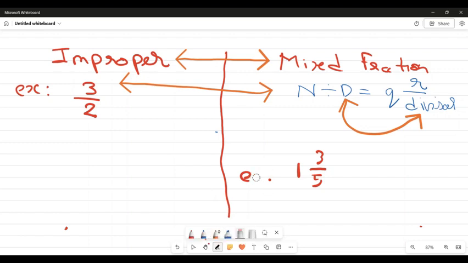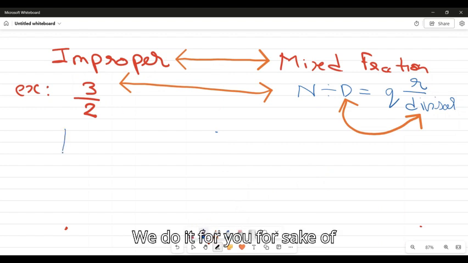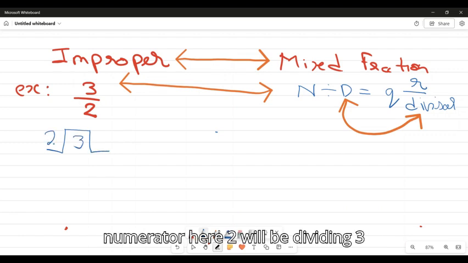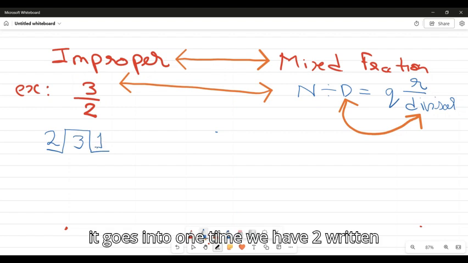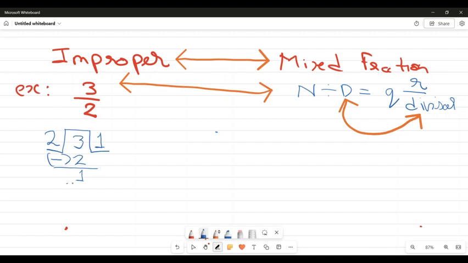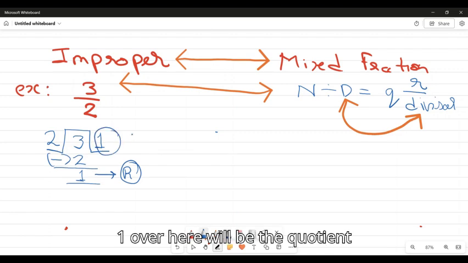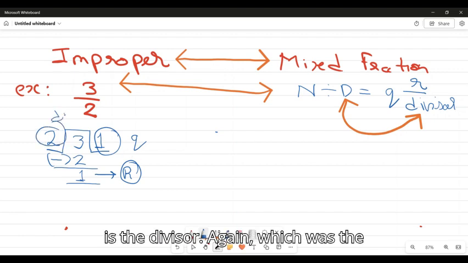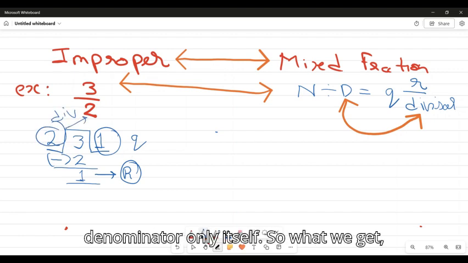How? Let's see. We do it for sake of simplicity. We have the number 3 as the numerator here. 2 will be dividing 3, it goes into 1 time. We have 2 written over here, we subtract it, we have 1. So 1 will be remainder represented by R. 1 over here will be the quotient represented by Q. And this is the divisor, which was the denominator itself.